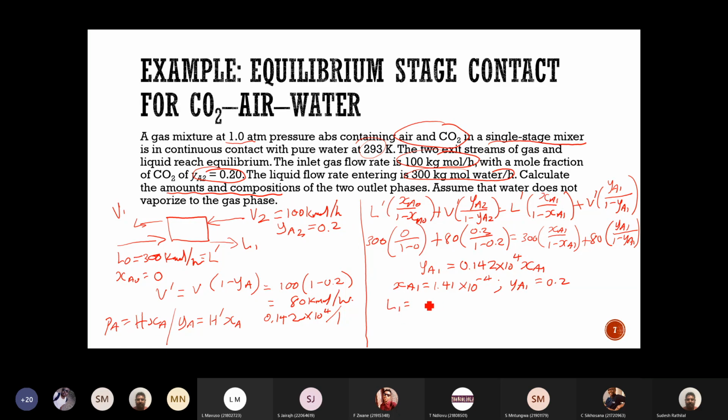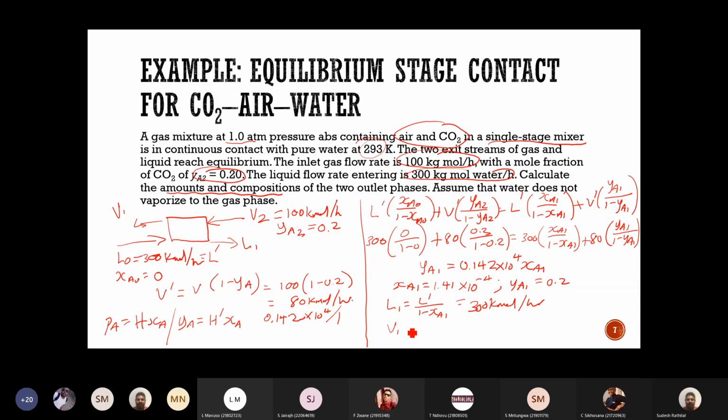L1 will be equal to L prime over 1 minus XA1. You got L prime, you got XA1, you just calculated it. Put that into the equation and you get 300 kilomoles per hour.